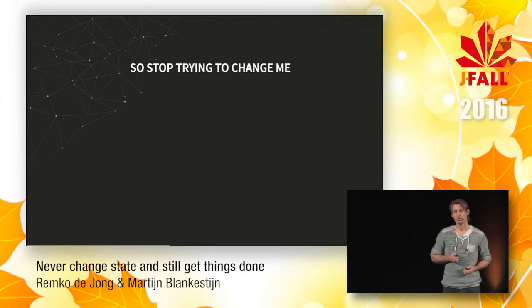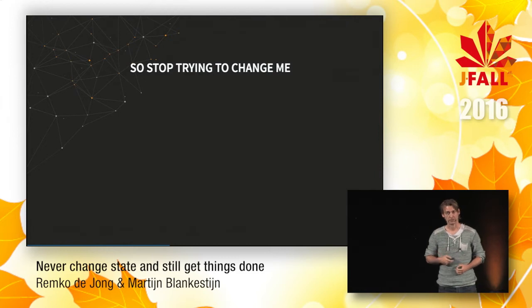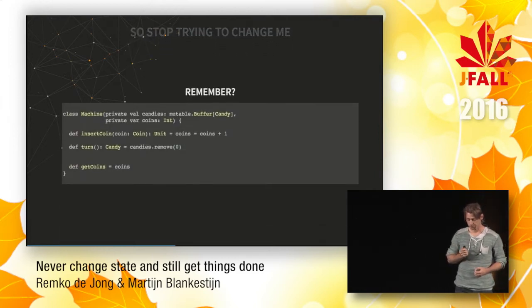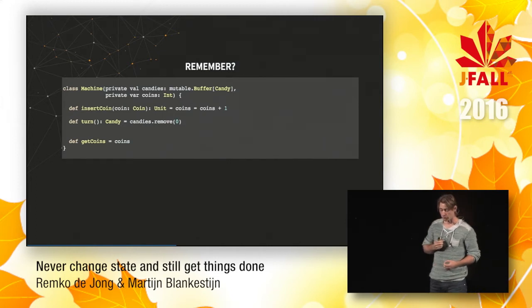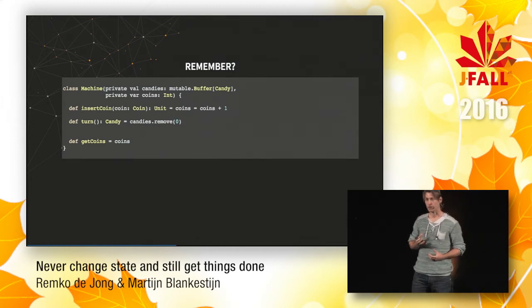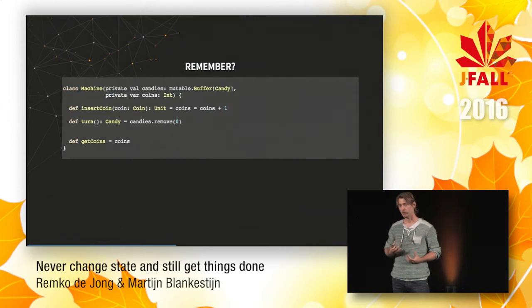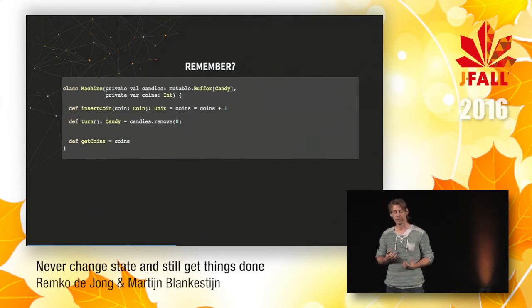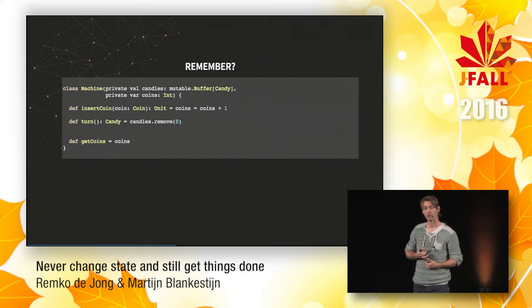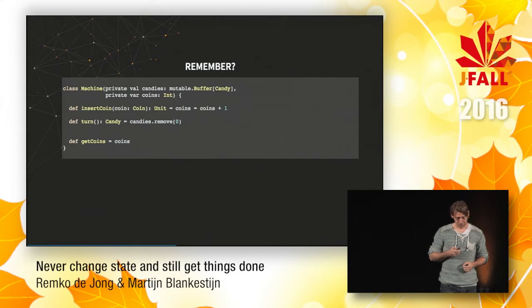So what if we apply this to our domain, the candy dispenser example? Remember the mutable variant. First of all, the thing to note here is that our state is quite implicit. The state of the machine is basically captured in those private variables, the mutable buffer and the variable that holds the coins.